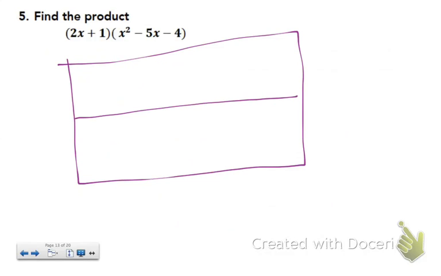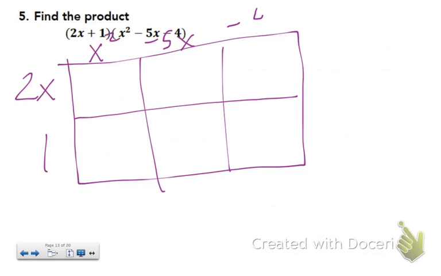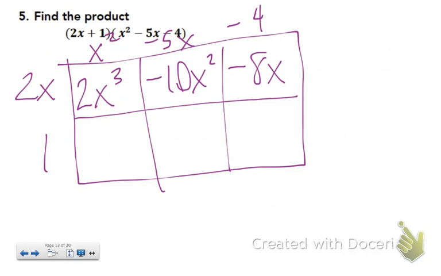I prefer to draw the box, so 2x and 1, x squared minus 5x minus 4. That becomes 2x cubed minus 10x squared minus 8x, and then x squared minus 5x minus 4. And here, remember, is where you have to be careful and combine like terms.